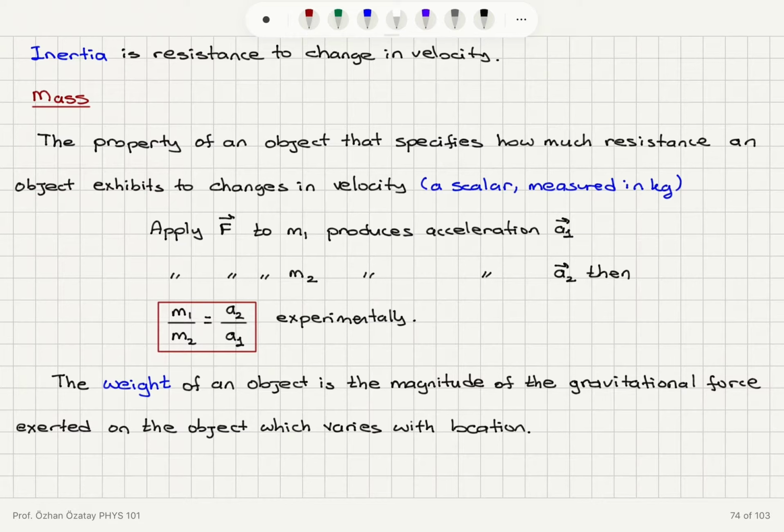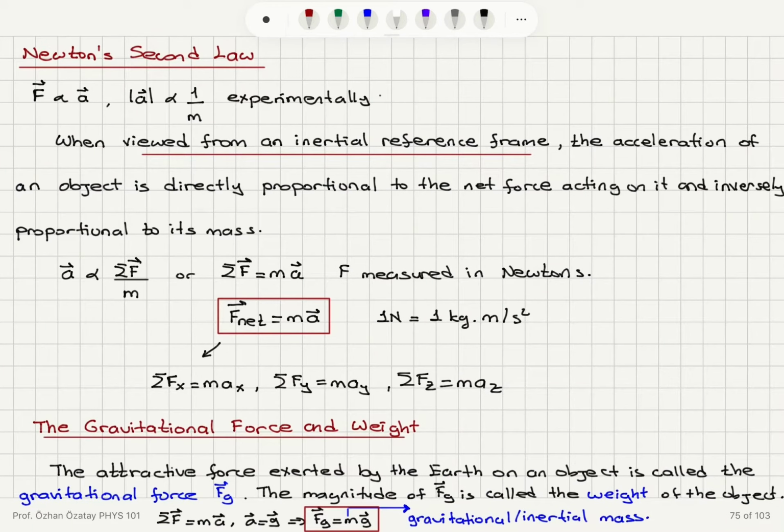And its response to the force is basically determined by its mass, which is the resistance to change in velocity, such that m2 over m1 is a1 over a2 under a constant force, and the weight of the object is, on the other hand, the magnitude of the gravitational force that is exerted on the object.